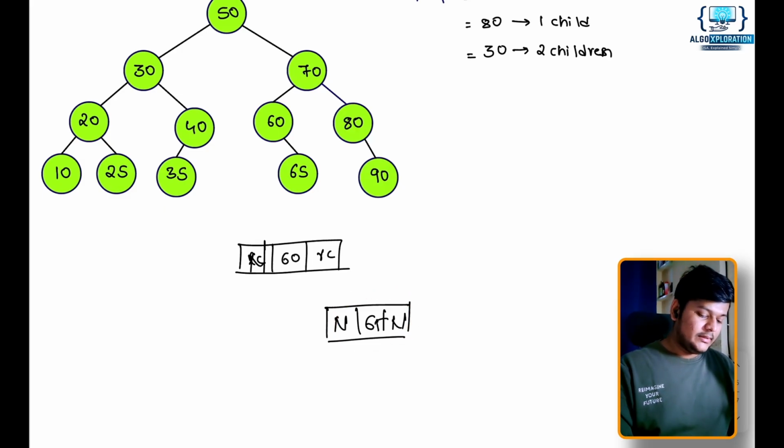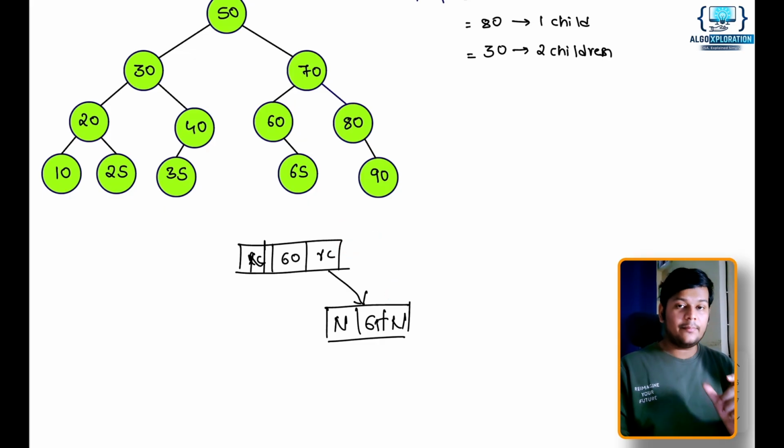Now I want to delete this, right? So this 60 is connected like this, and I'm standing over here. So what if I return to the parent, passing null? If I store null over here, then there is no connection.